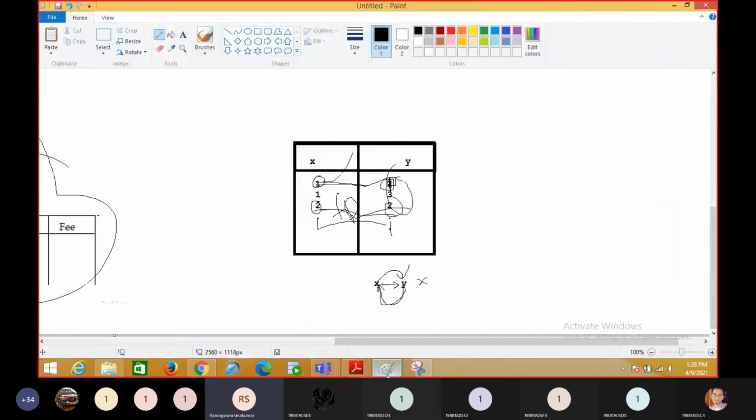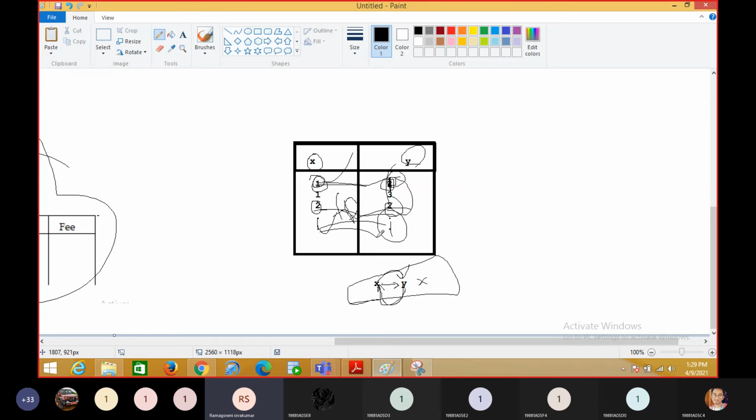So attribute A having value 1 and attribute B having value 1, then it is called functional dependency. We can say it is achieving functional dependency. Okay, x attribute having 1. Okay, it is true. Then y value having 1. So that is true.